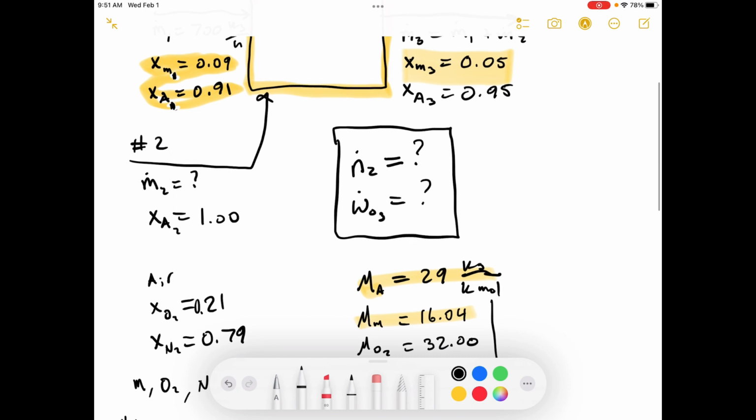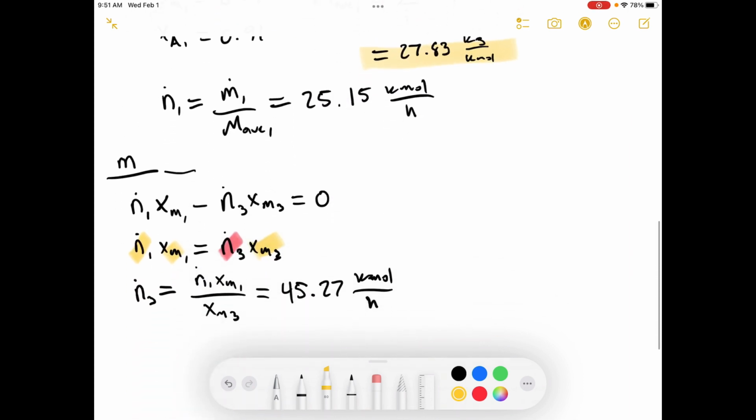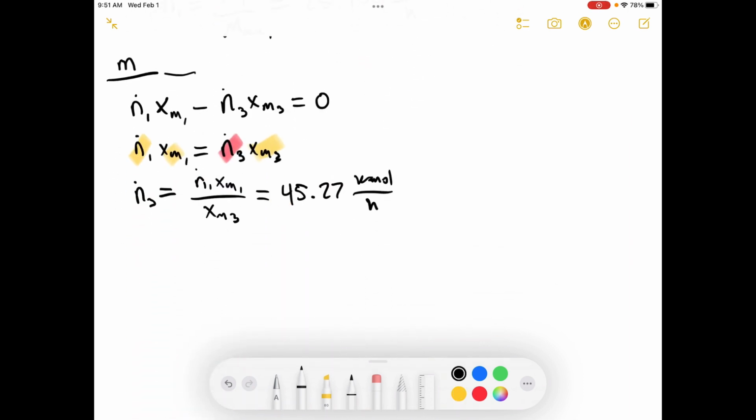Let's calculate. We have enough information now that we can calculate what the total molar flow rate going into stream 2 is, because we know our overall mass balance is the moles.